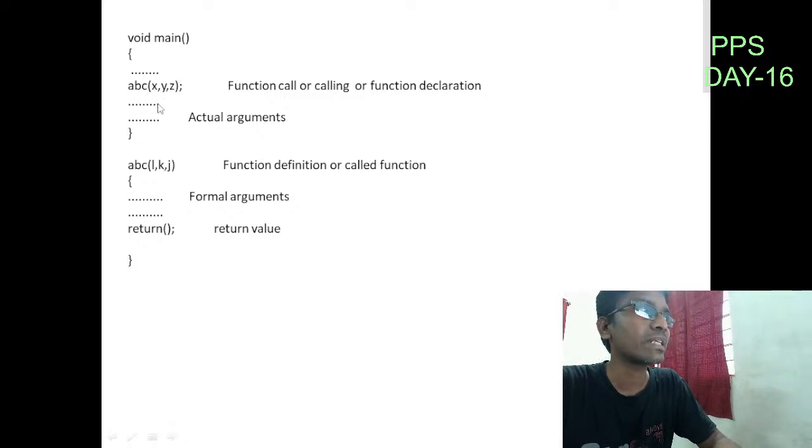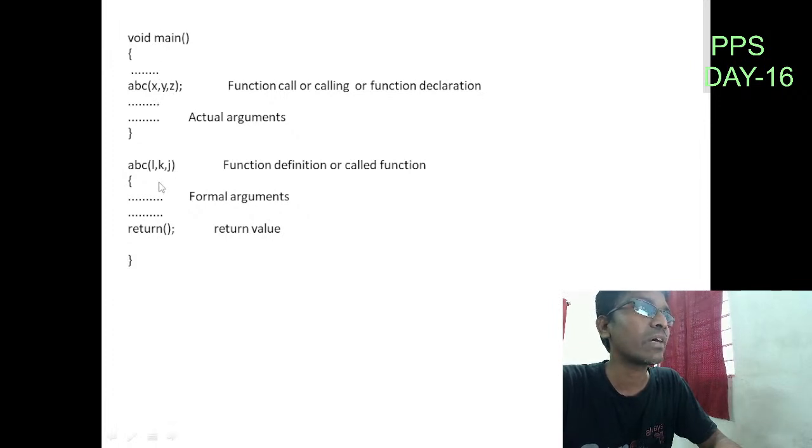If the function does not have any body, then it is called a function call or calling function, and it will be terminated by a semicolon. The calling function does not contain any body of the function.